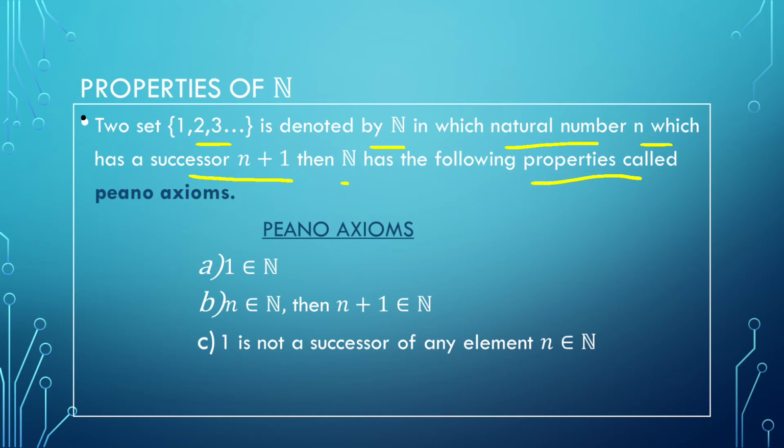These properties are called the Peano axioms.